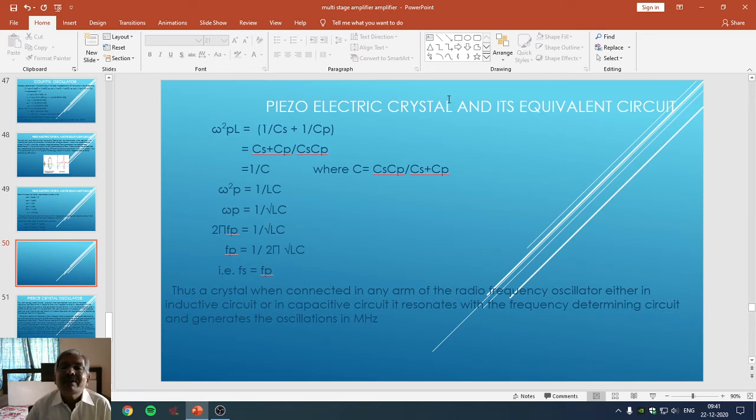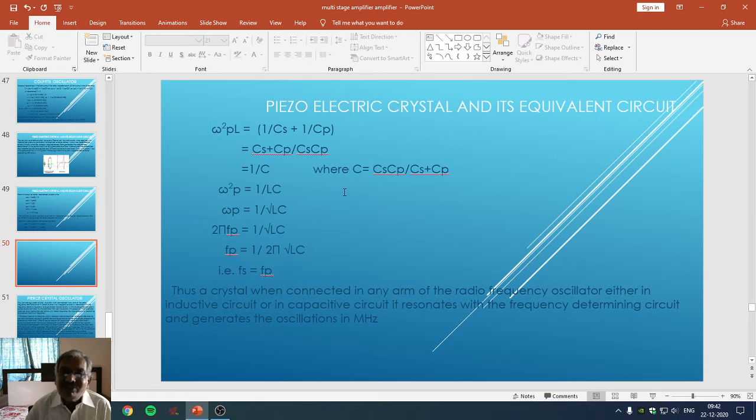Obviously, it undergoes the piezoelectric effect, and the equivalent resonating frequency, either Fs or Fp, both equal to each other, is given by F equal to, in general, 1/(2π√(LC)), whether it behaves like an L or like a C. Dear students, this is the piezoelectric crystal and its equivalent circuit.